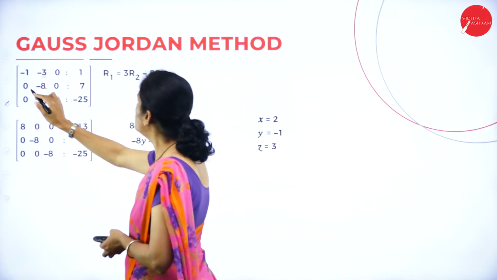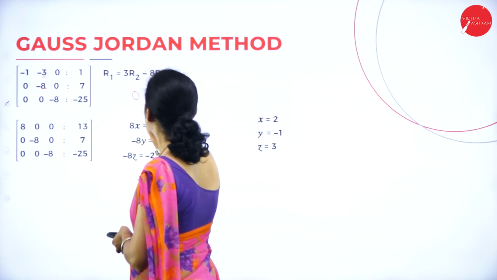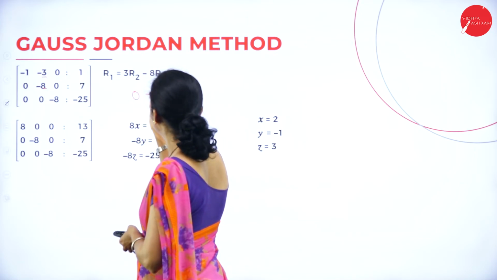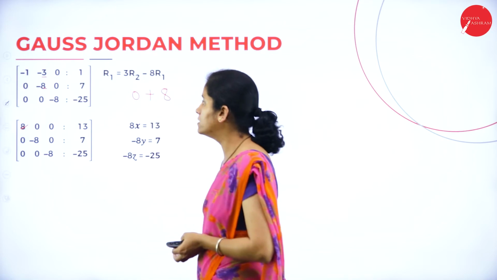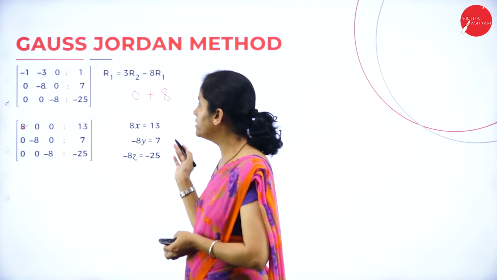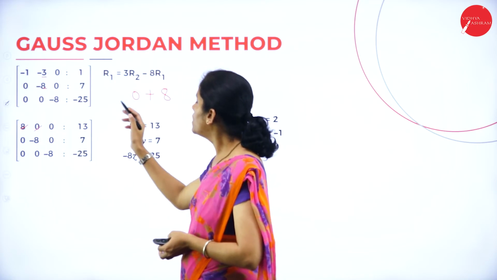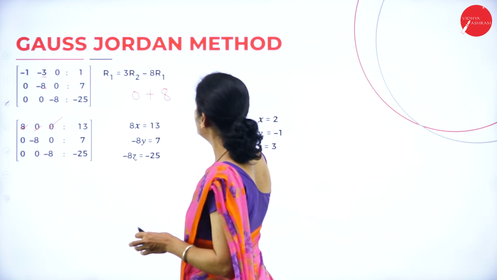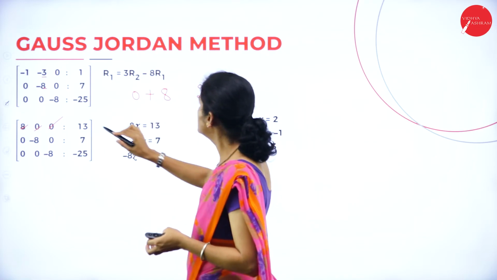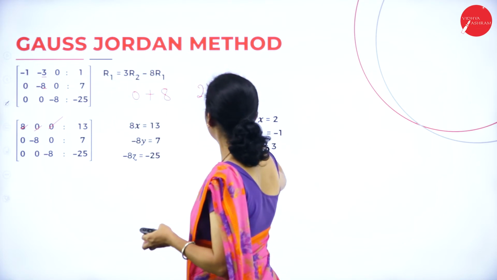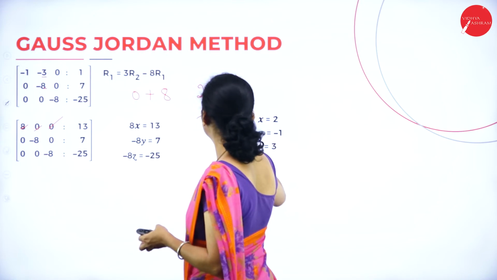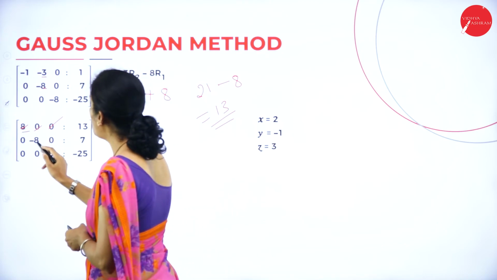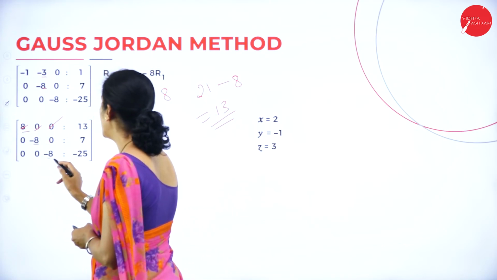R2 is how much? 0 minus 8. 0 minus of minus is plus, so I'll get the answer 8. Now 24 minus 24 is 0. Now once again it is 0. Then I have 3 into 7, 21 minus 1 into 8, it is 8. So the answer is 13. Now dear students, see here, I got 8, minus 8 and 8.